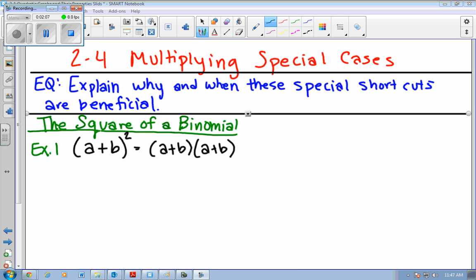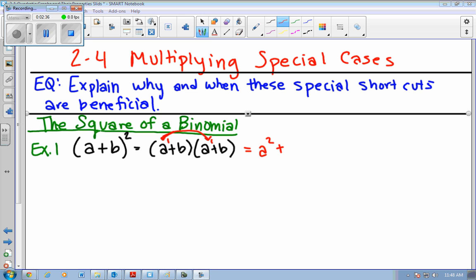And the way we've been practicing these to multiply, we've been doing the distributive property, get those arrows popping. You always start on the left, right? It will be a times a is a squared. We add the exponents. This was a 1. This was a 1. 1 plus 1 is 2. Plus, remember, you have to distribute that a twice.